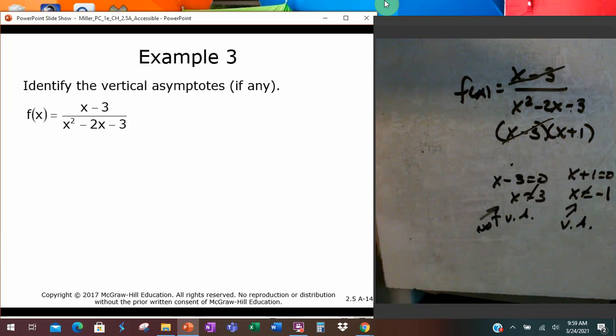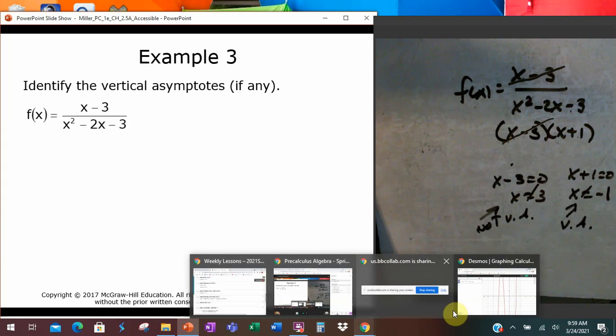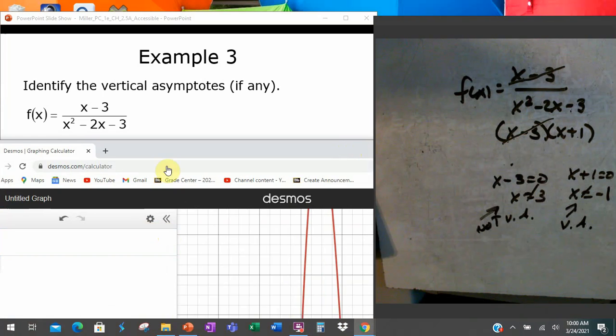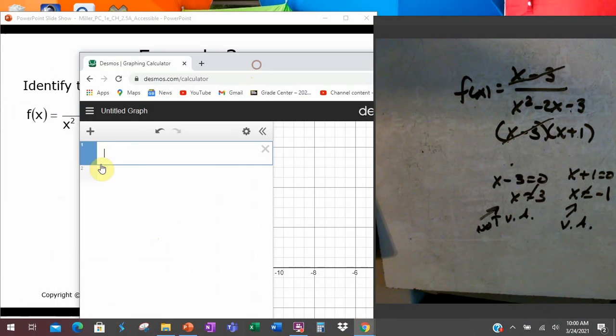Because we pull it. And if I go down here and do my Desmos again, if I can find my Desmos, let me pull this out, replace this. Y is equal to x minus 3 divided by, let's go to the original, x squared minus 2x minus 3.